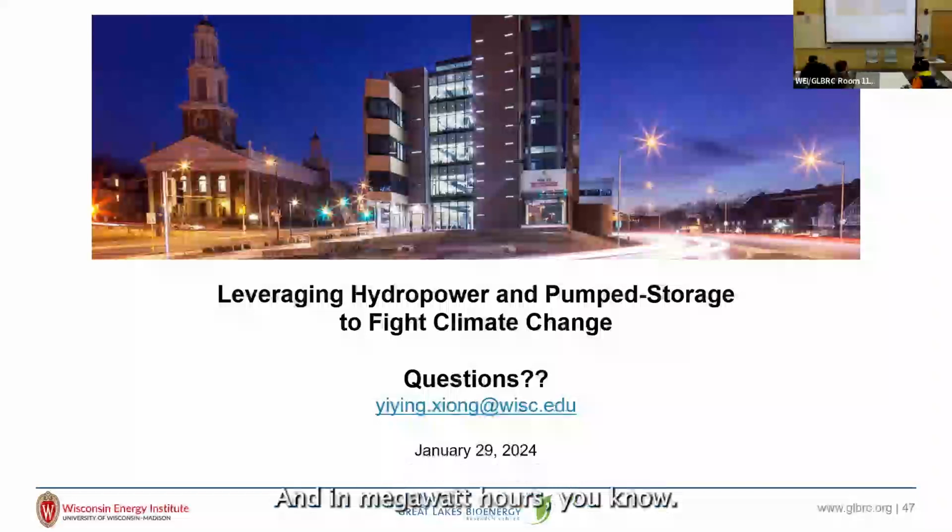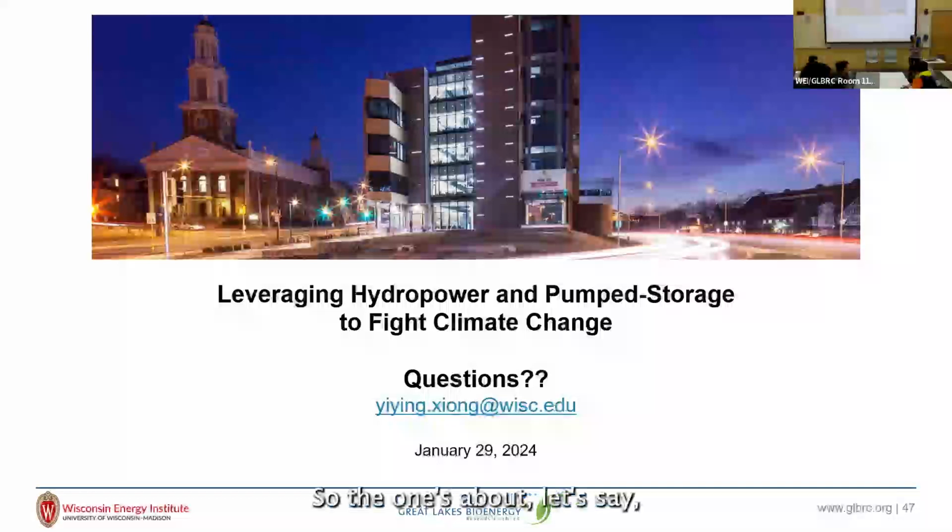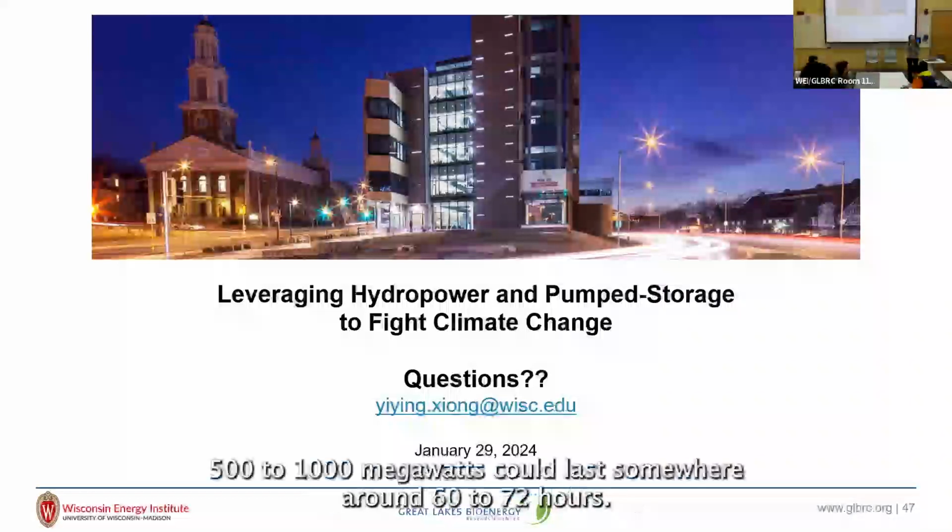What capacity did it have in megawatt hours? Megawatt hours, I don't have them. Oh, the storage. I think the 40 megawatt is probably less than 8 hours. So the ones about, let's say, 500 to 1,000 megawatt could last somewhere around 60 to 72 hours, right?